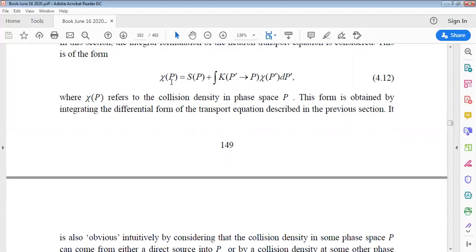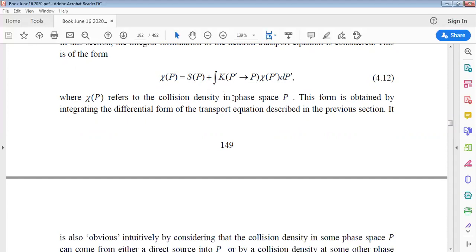The contribution in P comes from the direct source, S of P, plus the indirect contribution: the collision density at P prime multiplied by a scattering kernel K, which brings it from P prime to P. If you integrate this product over all other P primes, you get the total contribution to chi of P from the indirect scatterings.